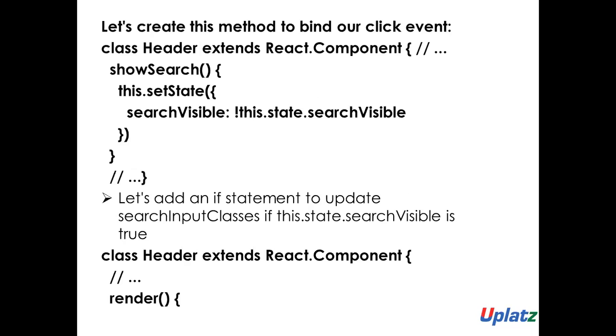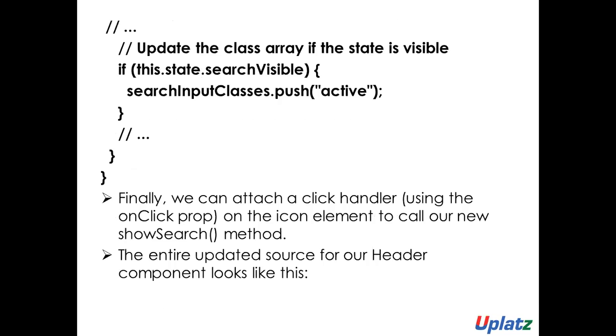Otherwise, I have a class that extends React dot component. I need to update the class array if the state is visible. So for that, if this dot state search visible, then this is the search input class. When the user clicks, this will get triggered.